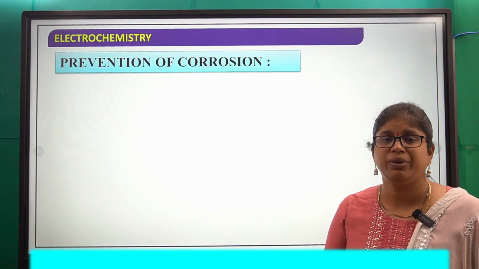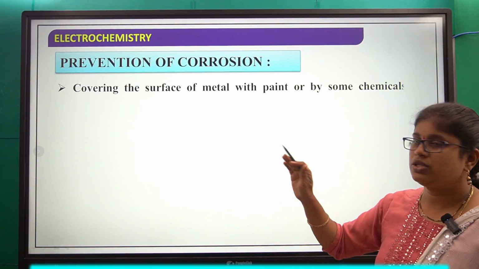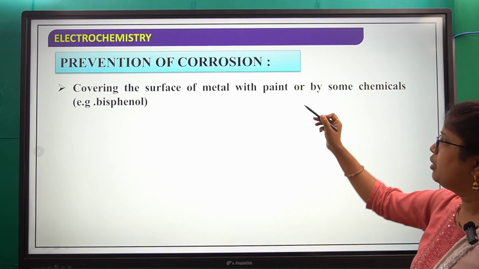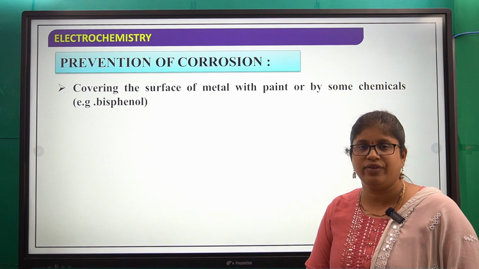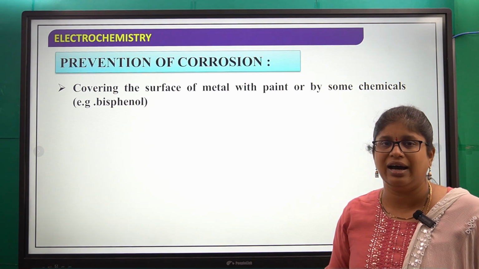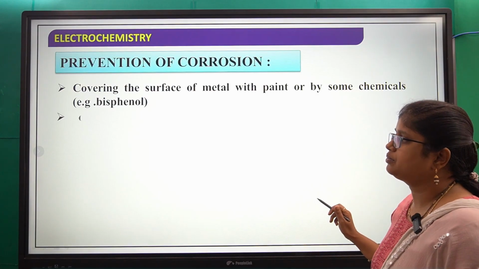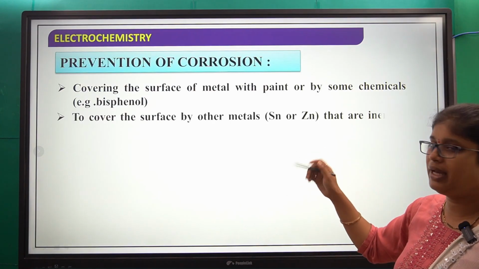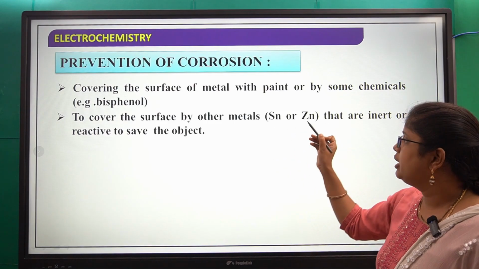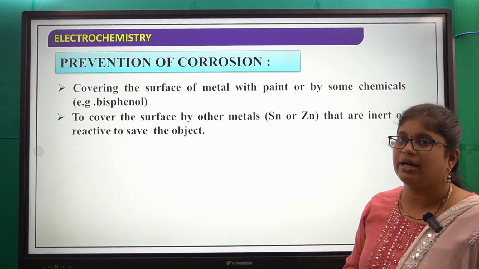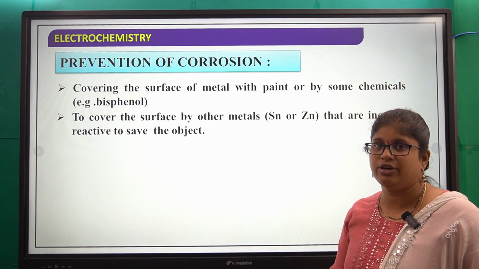Next, how to prevent this corrosion? What are the preventing methods? Everyone knows: covering the surface with paint, oil, grease or some chemicals like bisphenol. Or cover the surface with other metals, like galvanizing with tin or zinc, that are inert or reactive to save the object.